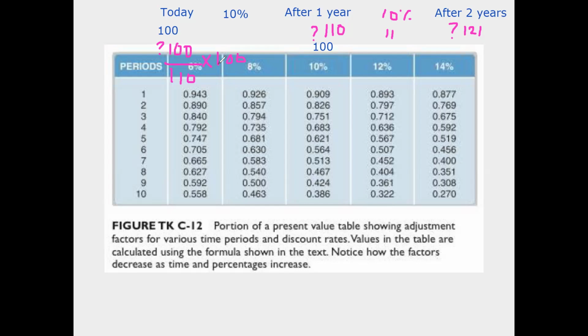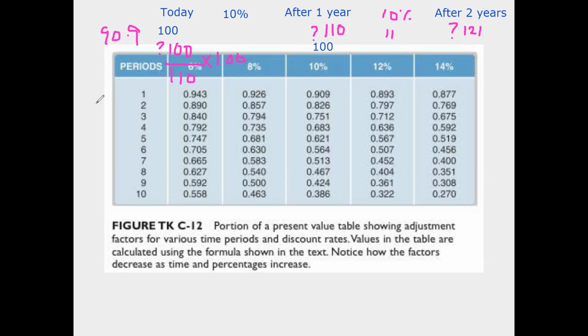And if you evaluate this, you will get 90.9, right? So if you invest 90.9 and get 10%, you will get 9.1, which makes it 100. And this is what we are getting here.